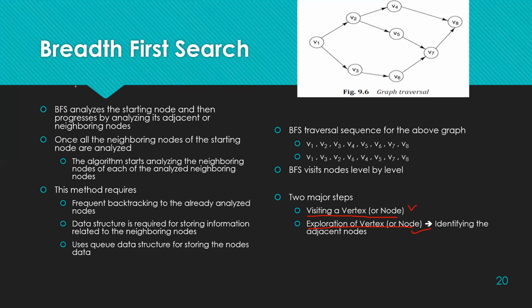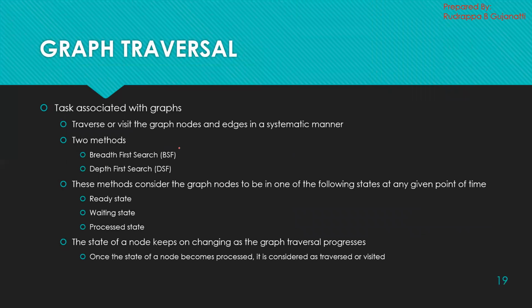Now coming to the first, breadth first search, BFS in short. Both of these give us information pertaining to what is called a minimum spanning tree.